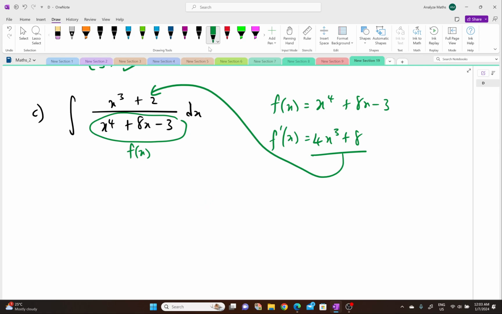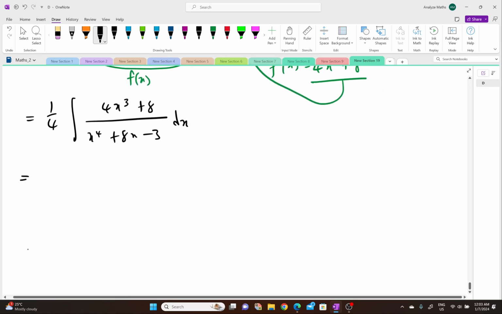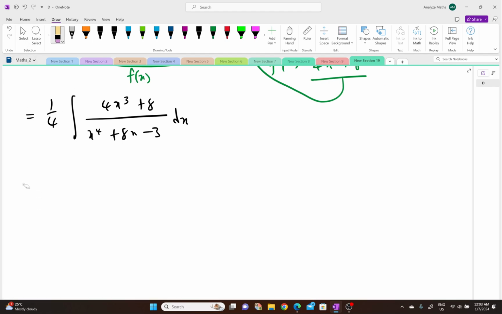So all I need to do is multiply the whole thing with 4 and divide with 4. If I do that, am I getting 4x cube and plus 8? Otherwise, if I don't get that, then I cannot use this formula. Let us check. 4x cube, getting that.